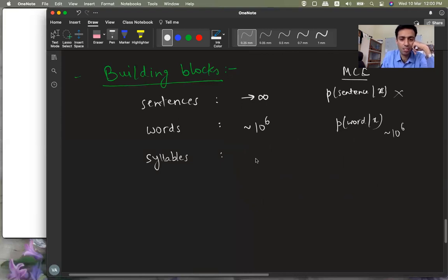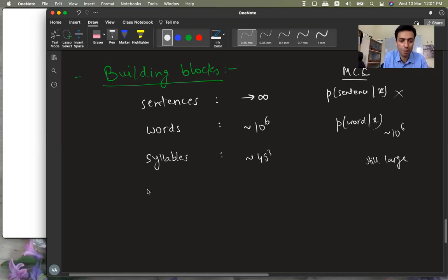Potentially it will be of the order of 45 square or 45 cube, maybe 45 to the power 3 or 4. So the number of syllables which are possible in a language is still a very large number.